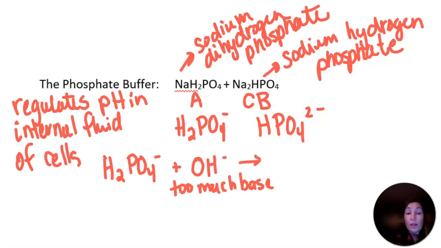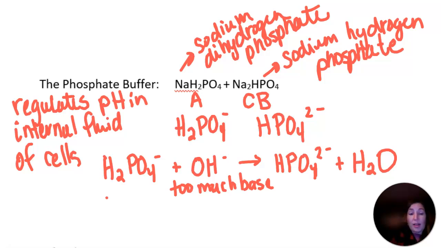The OH can react with H2PO4 minus. The H will go to the OH to neutralize it, and it will just leave behind a single HPO4 2 minus. And then H will get together with OH to make water, and it'll be able to neutralize an excess of base.